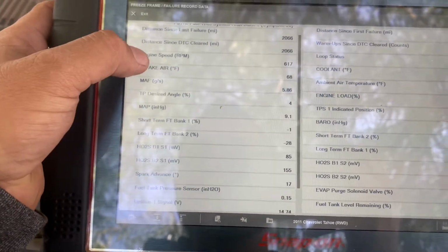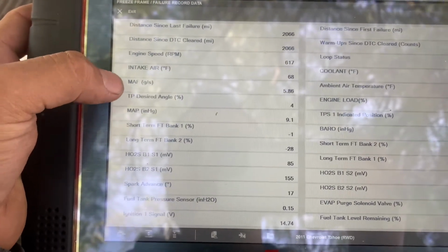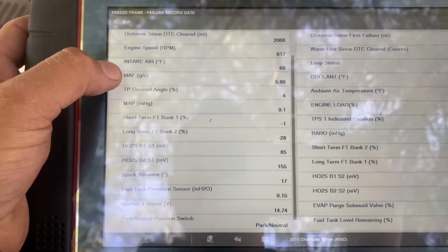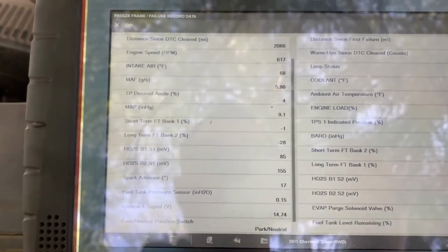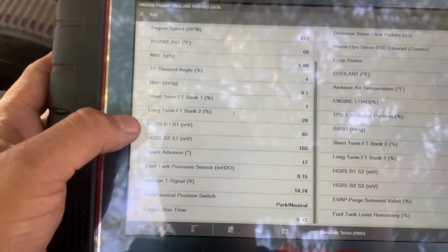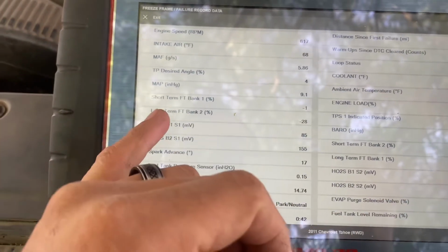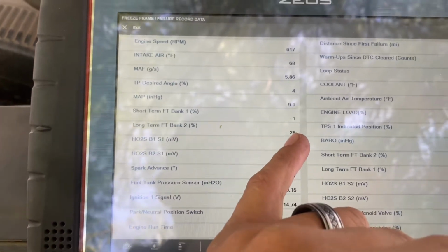So it was at idle. The MAP sensor was at 5.86. MAP sensor was at 9.1. Short term, we're at -1, and then long term, we're at -28.